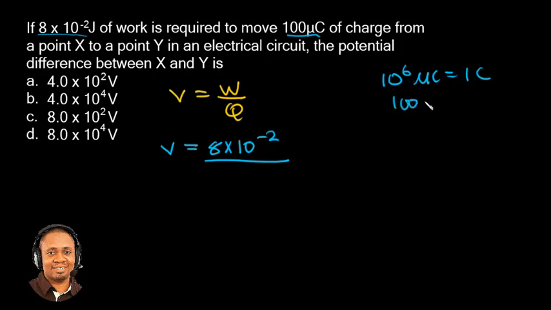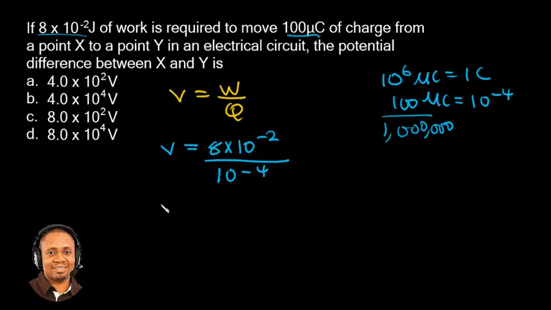Therefore, 100 microcoulomb will be equal to 1 millionth of this divided by 100, and that will give us 10 raised to the power minus 4. That is to divide this by 1 million. Okay, good. So we have Q as 10 raised to the power minus 4.